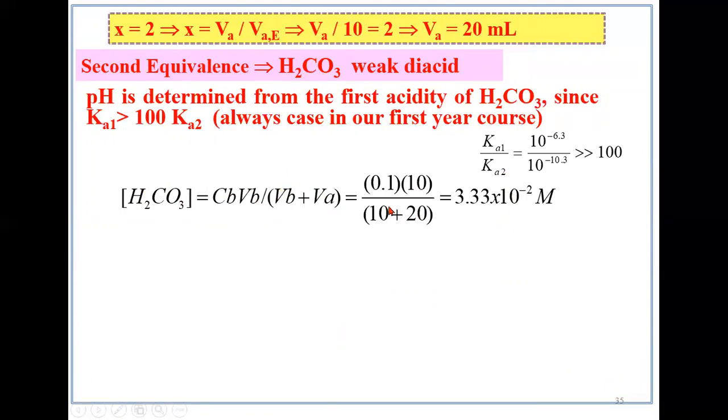The V of the base was 10 mils, concentration of the base was 0.1. Do the calculation. This comes out to be 0.00333.